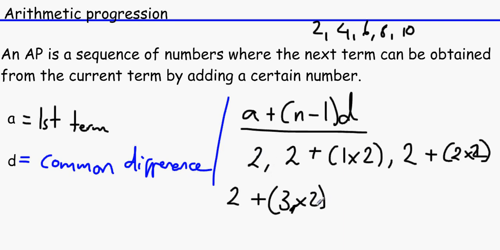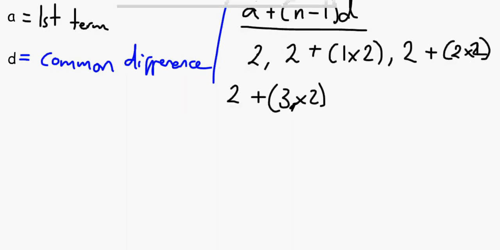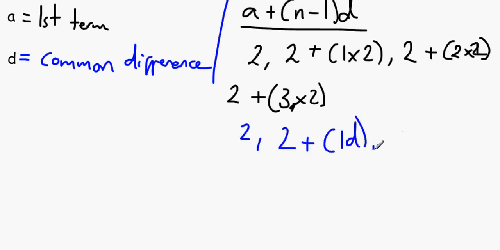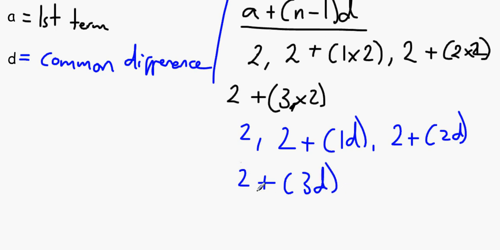Now, in other words, we can write this as 2 plus 1d, 1 lot of the common difference, 2 plus 2d, 2 plus 3d. And this is for the fourth term.